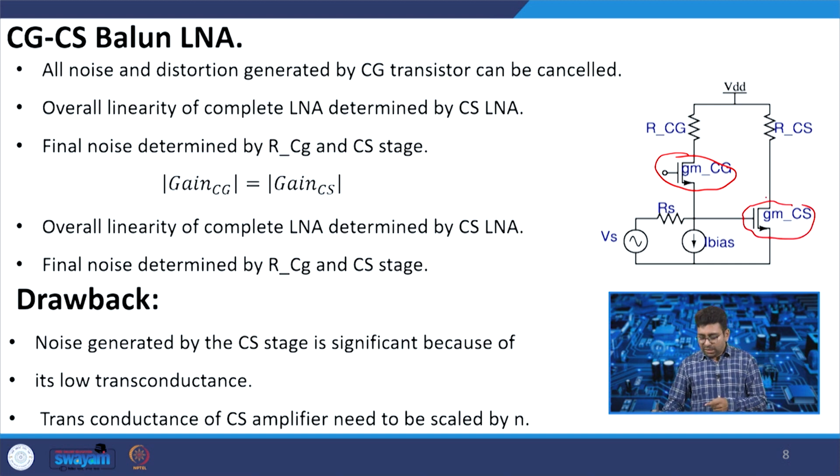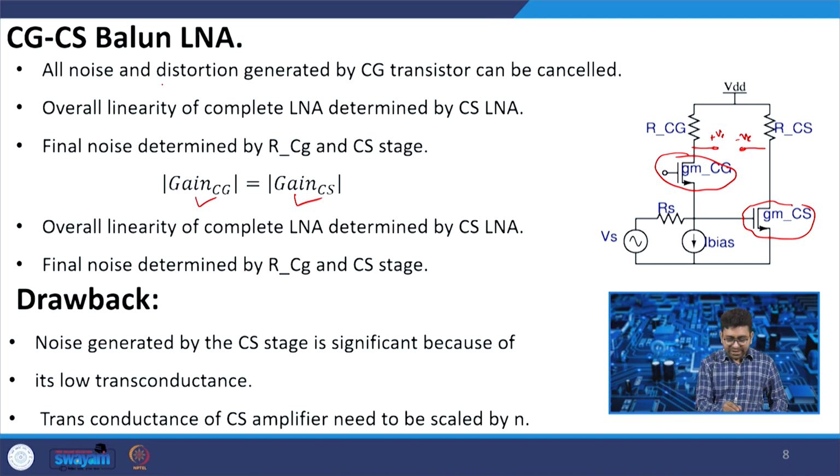Because common gate has a positive gain and common source has a negative gain, at this point you will have a differential signal. So this is positive and this is negative, but we need to make sure that the gain of the common gate is equal to the gain of the common source.